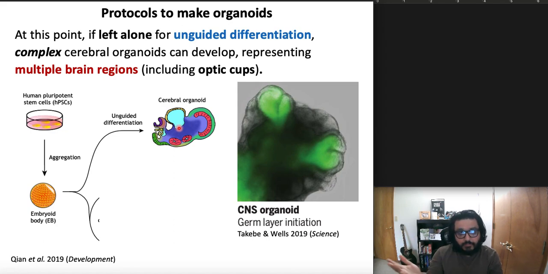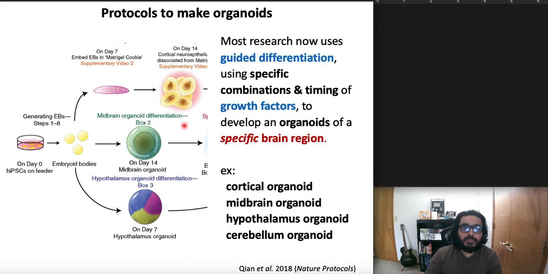So it's interesting, but more often now, what most research now uses is what's called guided differentiation, where instead of just leaving it to itself, researchers put in a specific combination of growth factors, and also then leave them for a certain amount of time, or then remove them.